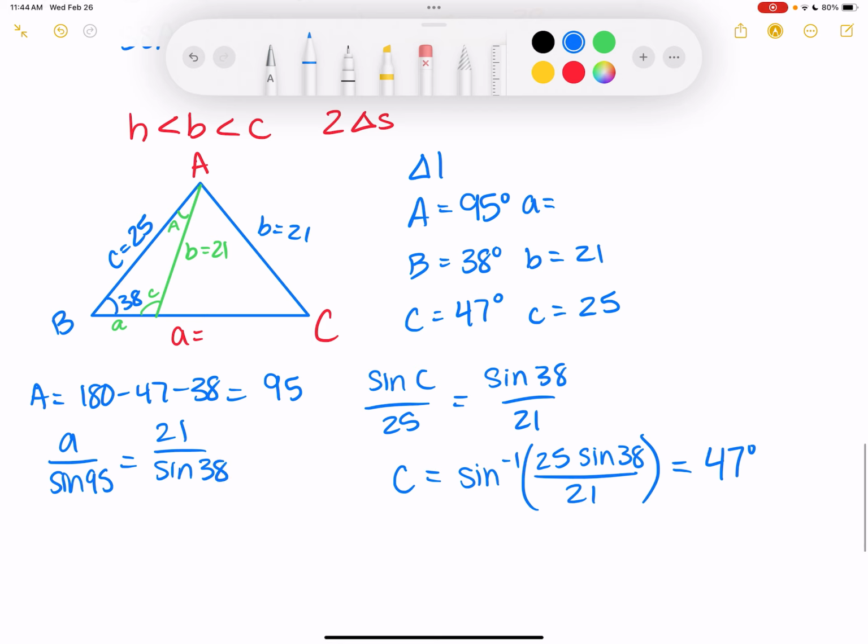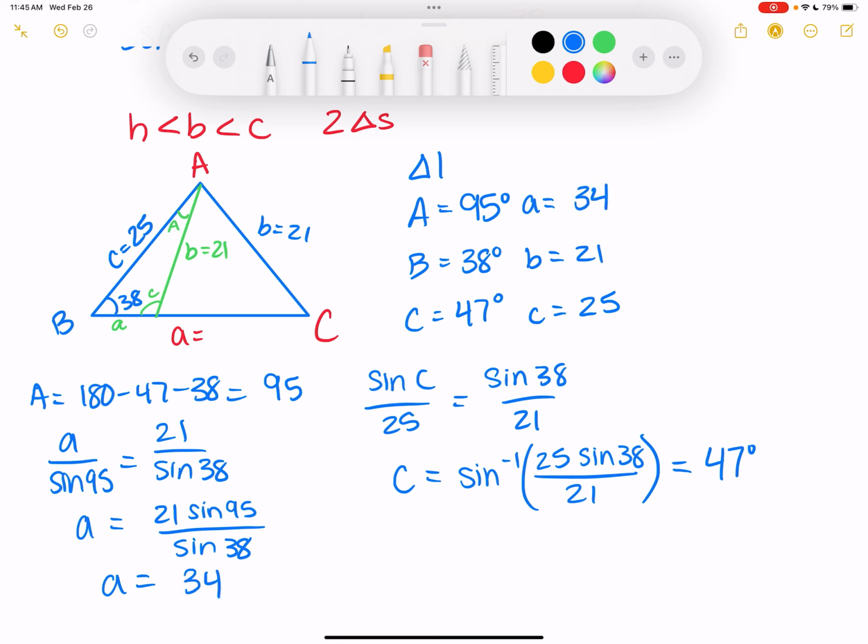So A is 21 sine 95 over sine 38. So side length is 34.